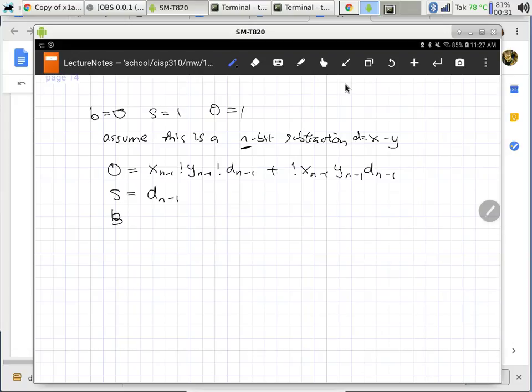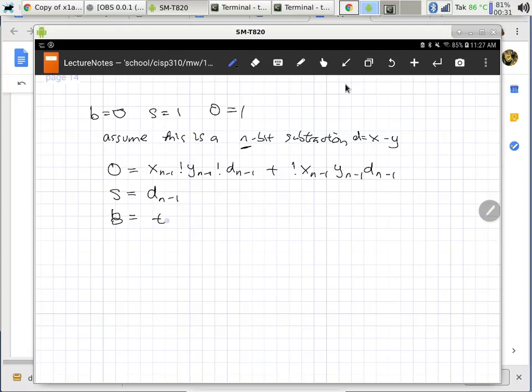The overall borrow flag is Tn. Okay? But you know the definition of Tn. It is the b of x n minus 1, y n minus 1, or the borrow of q n minus 1 and k n minus 1.